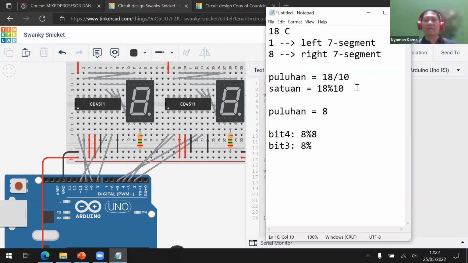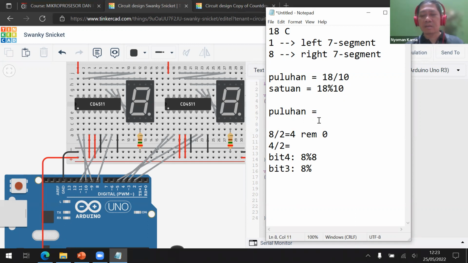Okay, sorry, I got confused. So we're going to take 8 first divided by 2. We got 4 with the remainder of 0. And then we're going to divide 4 by 2. We got, okay, let's try another value.